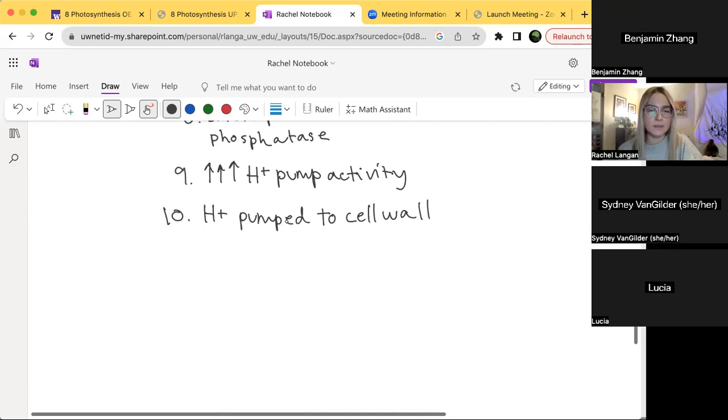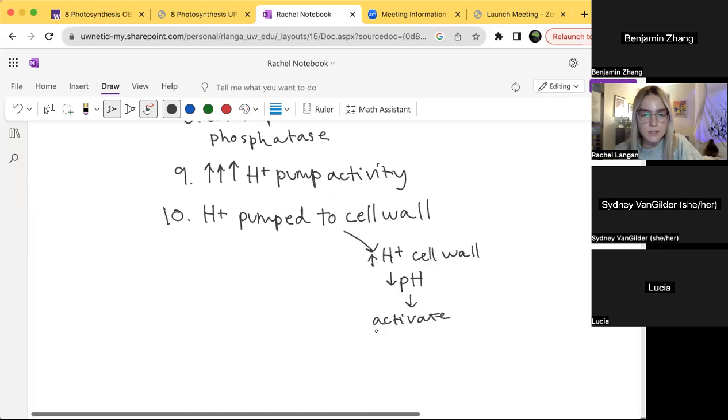So we already kind of talked about what one result of that is. One result is if we increase the ions in the cell wall, it's going to lower the pH. It will activate expansins.